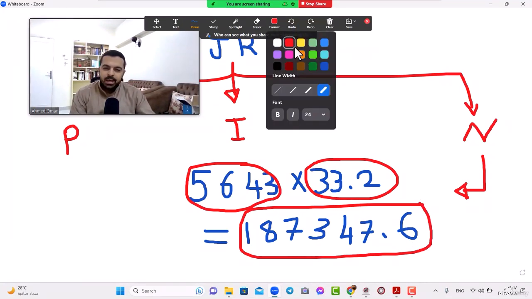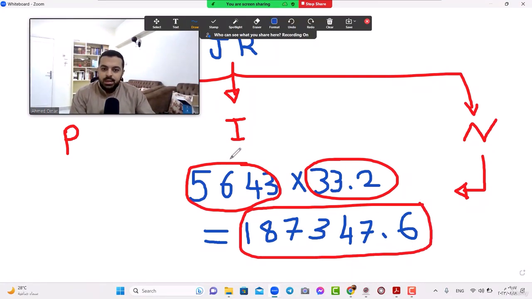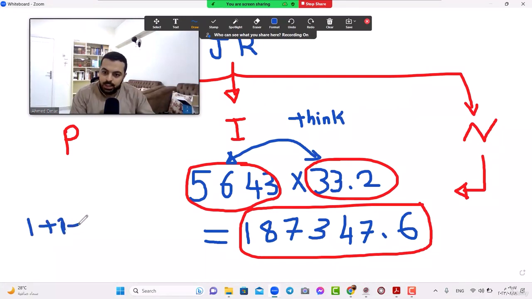But let me ask you something. You can calculate this, but it will take you time to think. However, 1 + 1 is necessarily equal to 2, and it doesn't take you time to think.